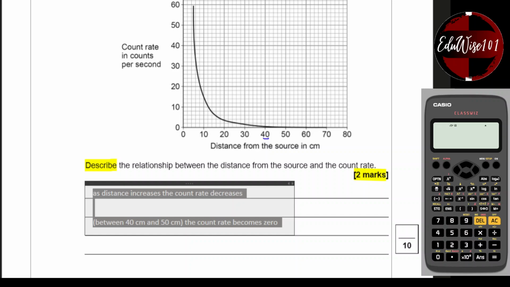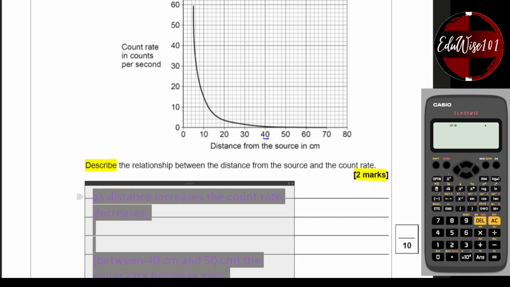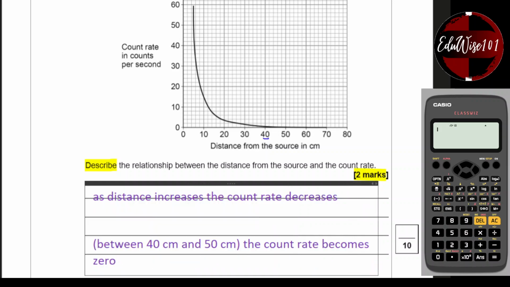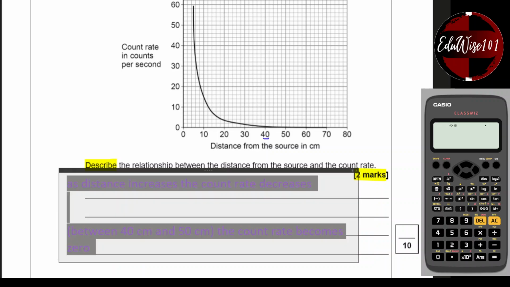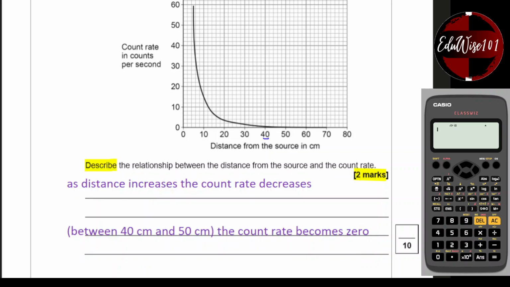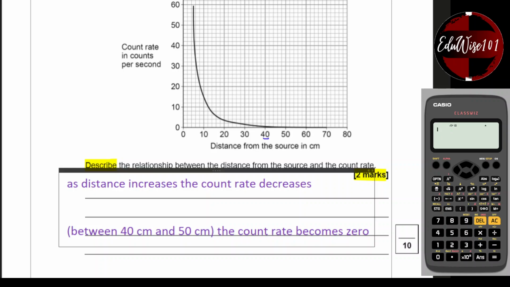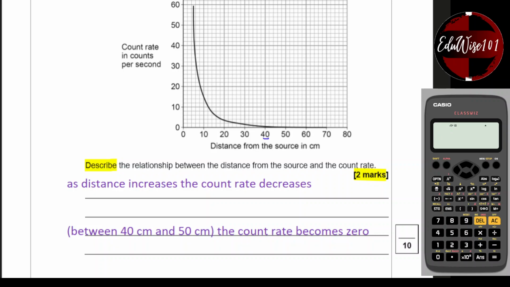Let me make that slightly bigger. There you go. As distance increases, the count rate decreases. Between 40 and 50 centimeters, the count rate becomes 0.